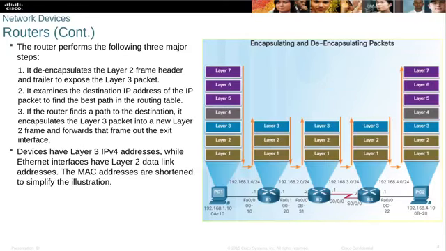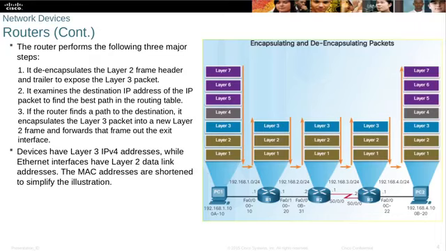The router has to perform the following three major steps. Number one, it will de-encapsulate the layer 2 frame coming up from the data link layer. It will remove the layer 2 frame header and trailer in order to expose the layer 3 packet.